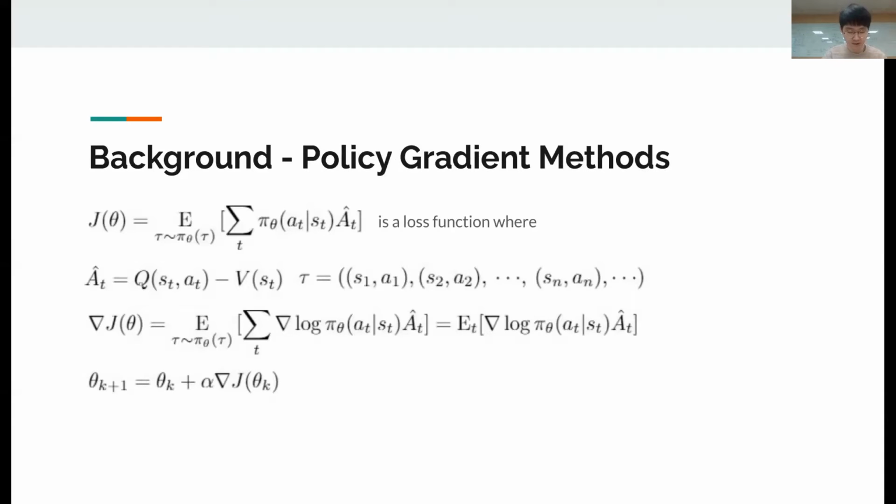Policy gradient method uses one of the most straightforward choices of the loss function. Since it can be too technical, I will just explain the high-level ideas of what those equations are. When you simulate a system, you will have a tau, which is a sequence of states s_t and actions a_t.